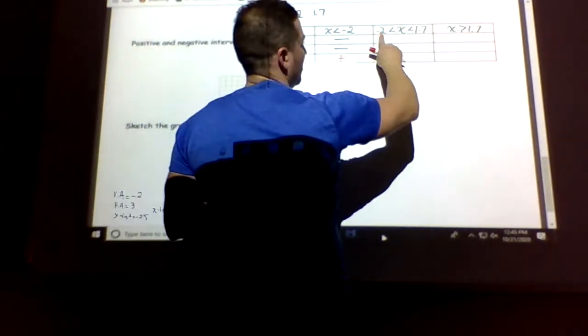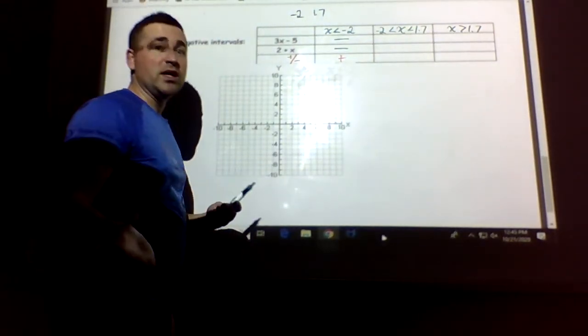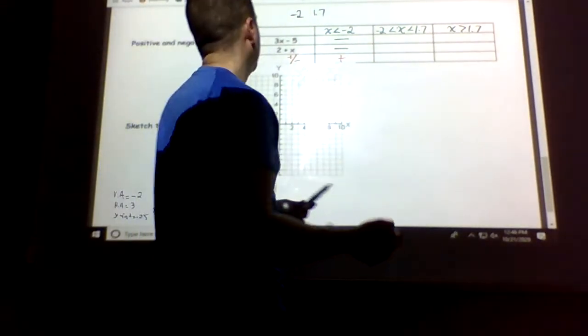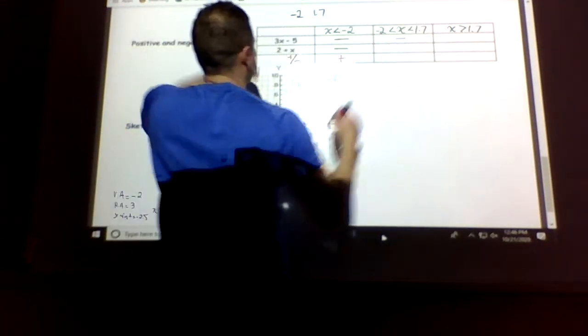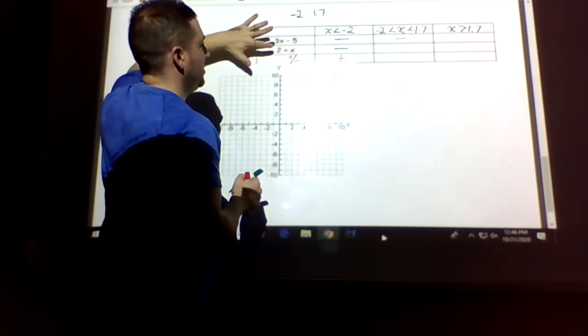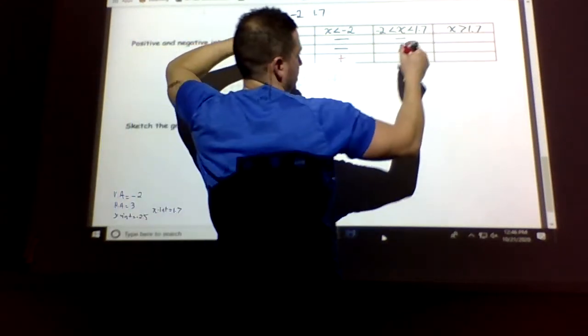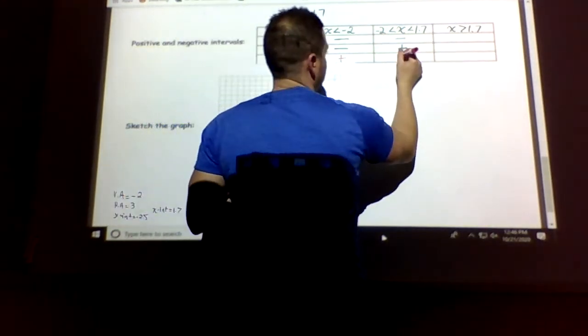Then if we pick a number between -2 and 1.7, the easiest one to do is 0. So if I plug in 0, I'll get a negative value, because it'll be 0 minus 5, which is -5. If I plug in 0 here, I get 2 plus 0, which is +2. A positive and a negative gives me a negative.